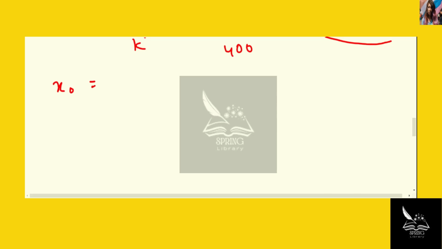Thus, now x naught we can put as 0.0539 meter. Now from part A we have got v naught equal to 2.57 meter per second, the speed of the combined object just after the collision, or the V2 you can take, but in this case we are taking it as V0.